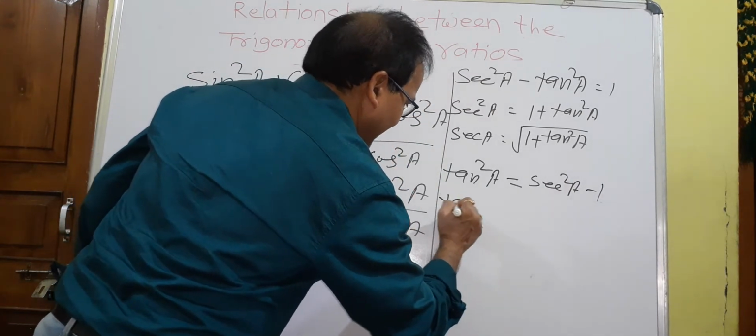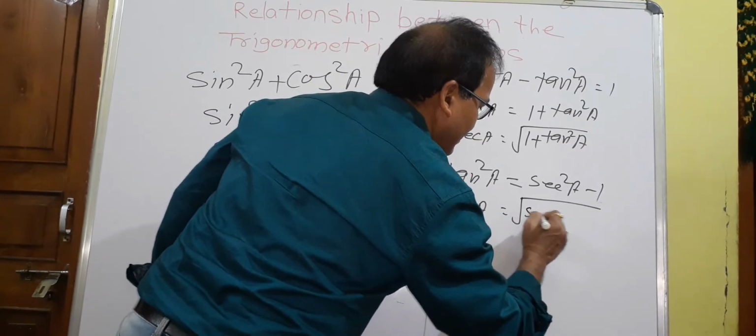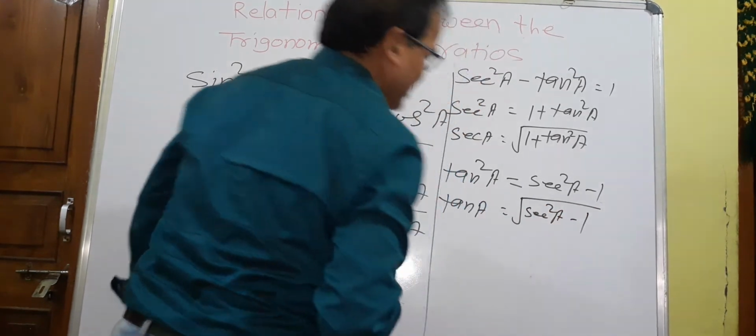Then tan A is equal to square root of sec square A minus 1.